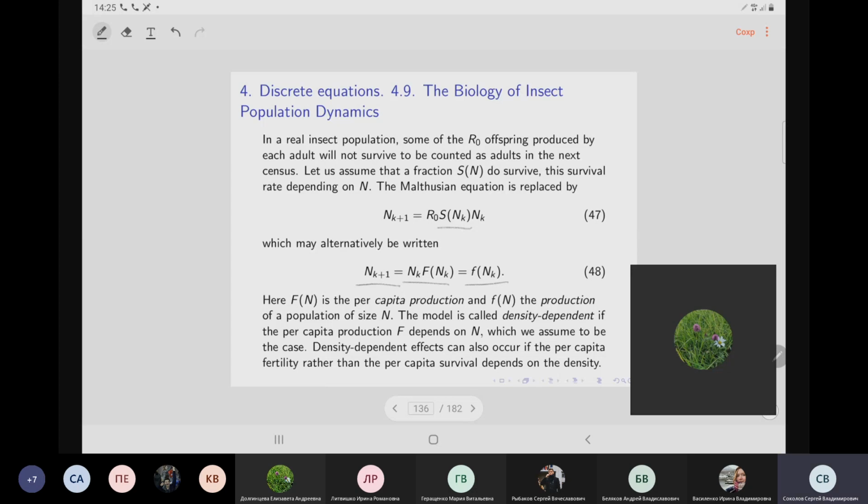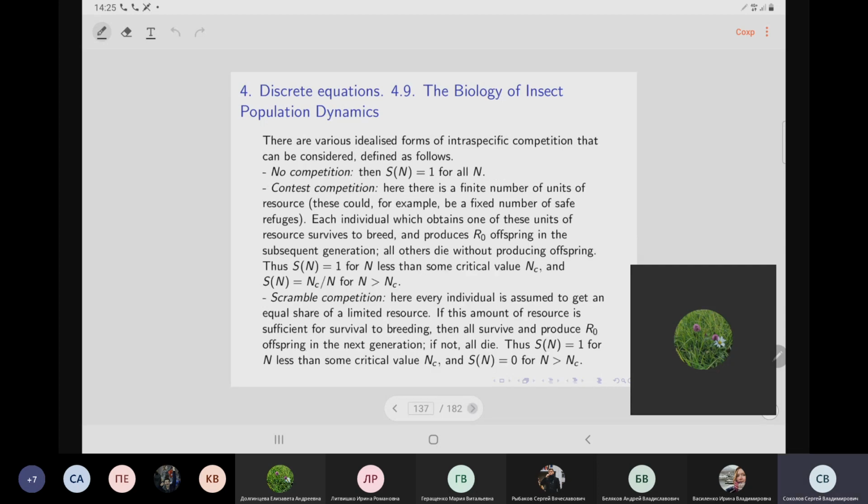If the function f depends on n, we usually consider density dependent functions, that it is not a constant. Well, what about possible functions f of n? So we can take into account different forms of interspecific competition, since S depends on n, and S depends on the actual population.